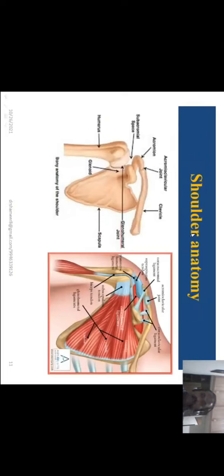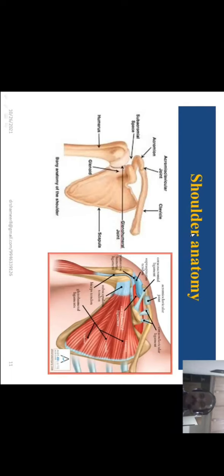So coming to the basic anatomy related to the dynamic stabilizers, there are 4 muscles of the rotator cuff: the supraspinatus, infraspinatus, teres minor, and subscapularis. Which is the most important in dynamic stabilizers?